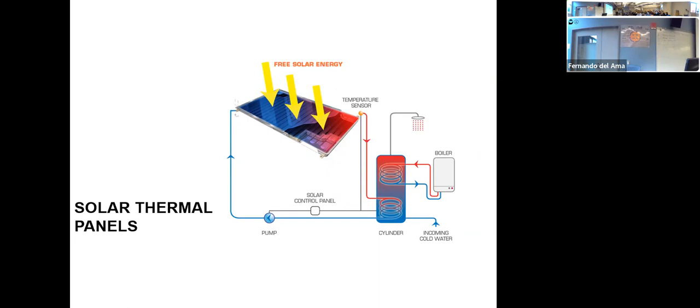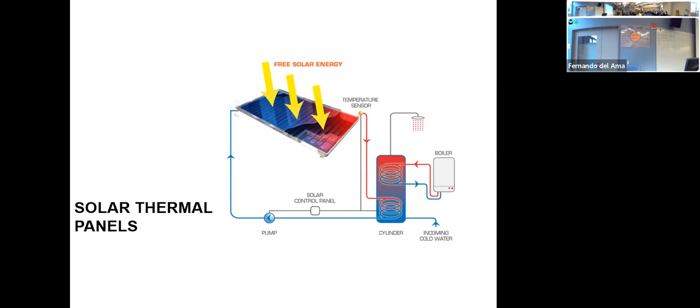Okay, so depending on here, we have different sensors, and we have different temperatures. So when the temperature is close to 140, we use this circuit. If the temperature in this tank is 120, then we use this circuit. Okay, so it's quite complicated, but it works.